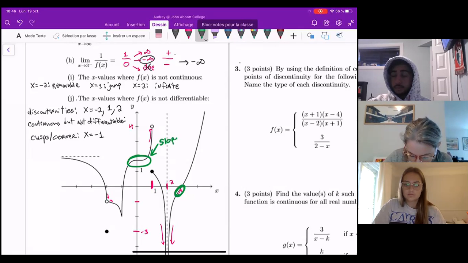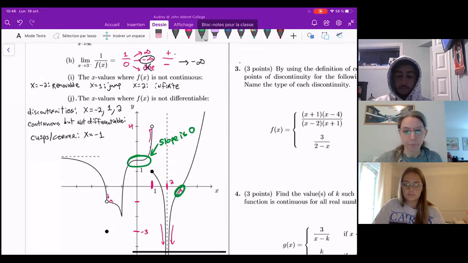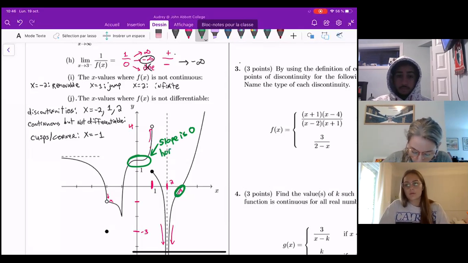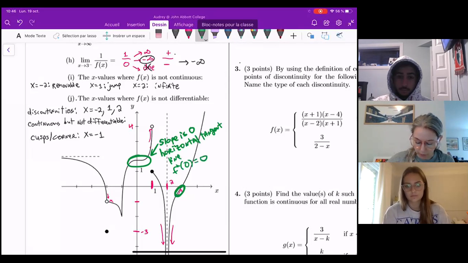Could you say that at 1 there's a vertical tangent line? You got it. So vertical tangent line is probably what you guys were thinking of. So let me write this. Slope is 0. There is a horizontal tangent line, and f prime of 0 is equal to 0. This is differentiable.